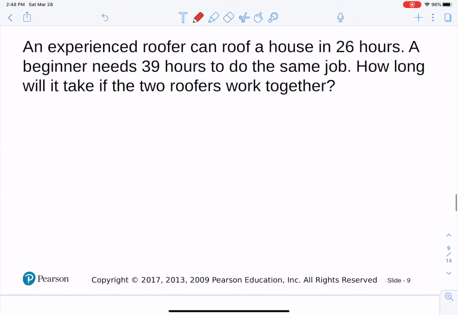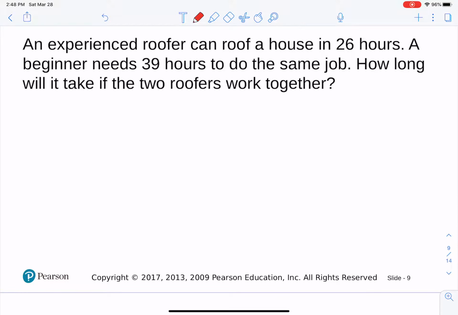So here is another example where we have an experienced roofer who can roof a house in 26 hours. So the time taken by an experienced roofer is 26 hours. The time required by a beginner is 39 hours. So what would it take if they work together?